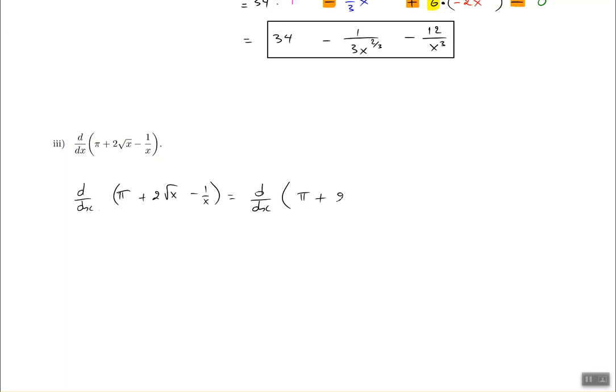So instead of 2 square root of x, I'm going to rewrite it as 2x to the 1/2. And also, instead of 1 over x, we can write x to the power of negative 1. Since the x on the denominator has a positive 1 exponent, we can rewrite it on the numerator with a negative 1 exponent.